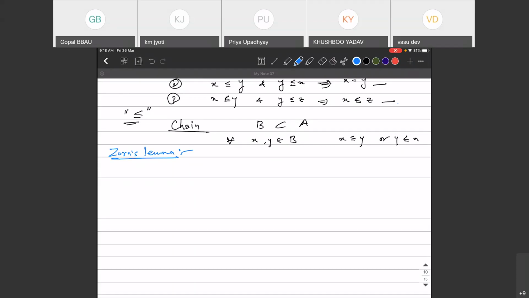If we have a non-empty, partially ordered set A, and we have an assumption: suppose that every chain has an upper bound.